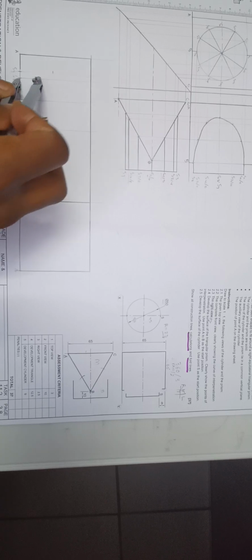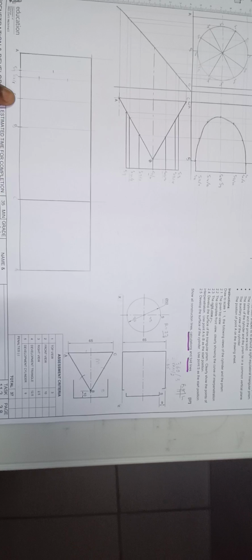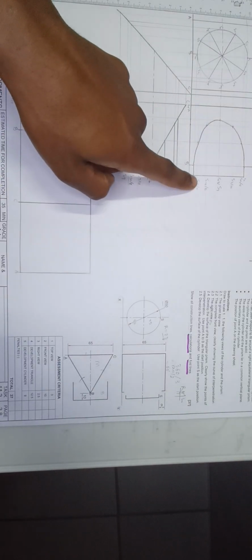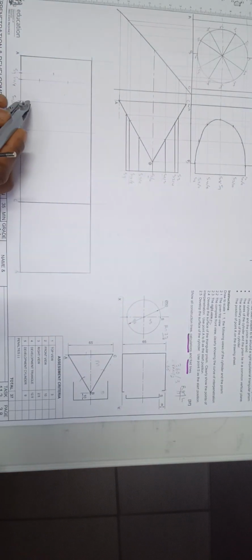Point of interpenetration 8, then also point of interpenetration 10. Moving to S7 and 11, here will be 7, and 11, here's 11.